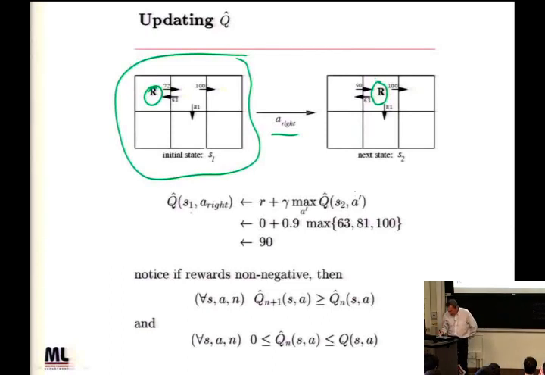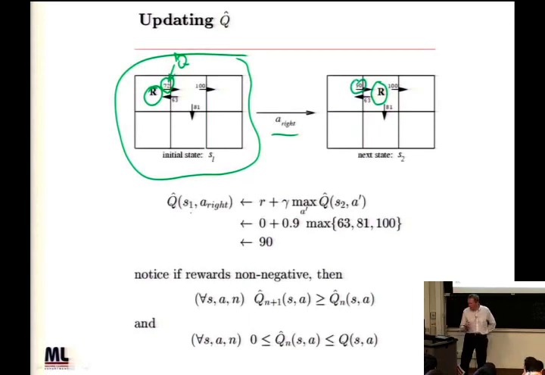As we said, the Q learning algorithm essentially says whenever you do that, then if this is the Q hat value for the state action pair that we just sampled, after we sample it, we can replace our old estimate for what Q hat is for that state action pair with a better estimate.